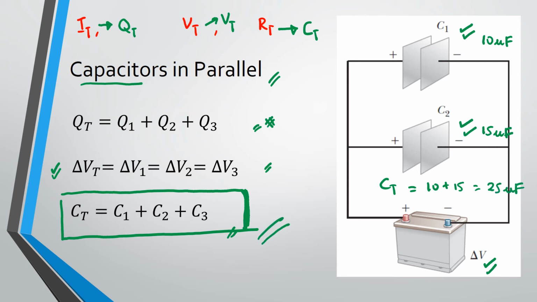Again, this is the difference between equivalent resistance and equivalent capacitance. In a parallel circuit, it is CT equal to C1 plus C2 plus C3.